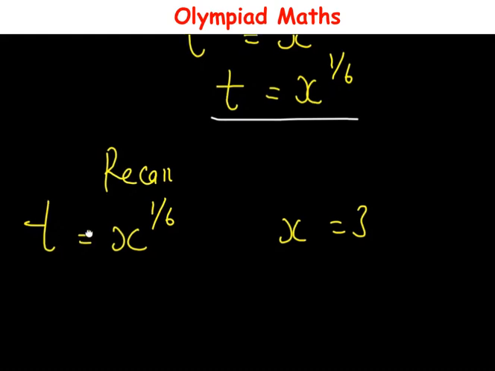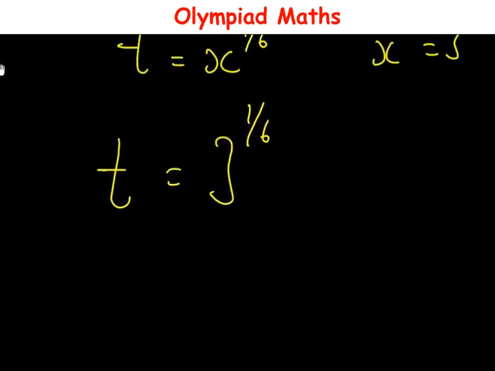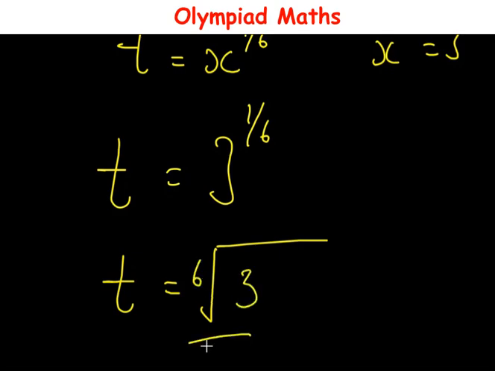So inputting the value of x as 3 into this, the value of t is equal to 3 raised to power 1 over 6. So with this, we have gotten the value of t, or the value of t can still be simplified further as t is equal to the 6th root of 3. Either of these two values is still the same thing.